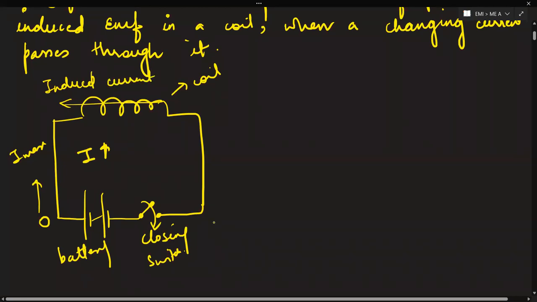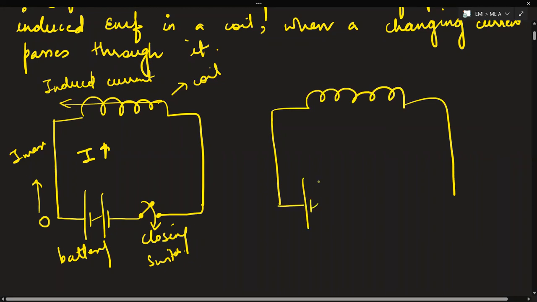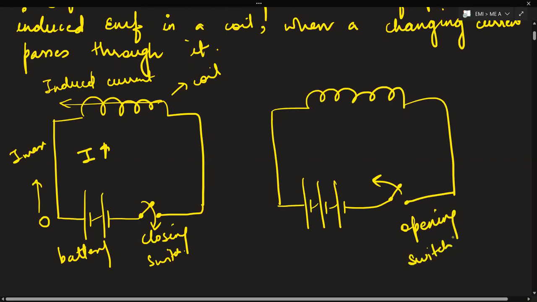Now, let's say this was an opening switch instead of a closing switch. This is the same circuit that I'm drawing, but here this is an opening switch. So as the tapping switch is opened, the current and the magnetic flux through this coil, what will happen?